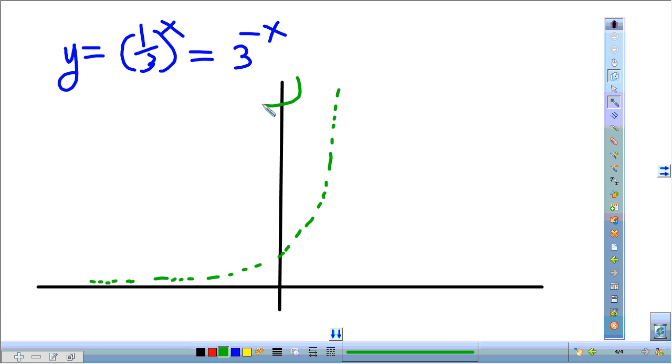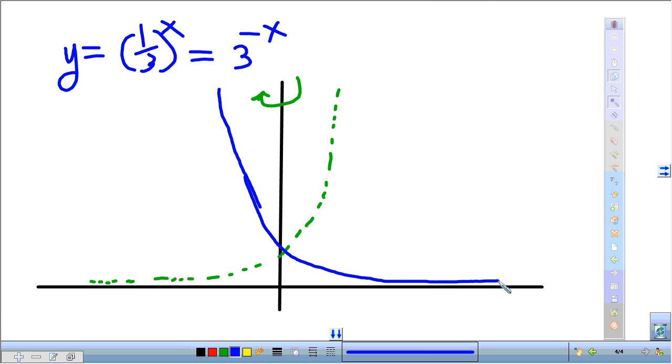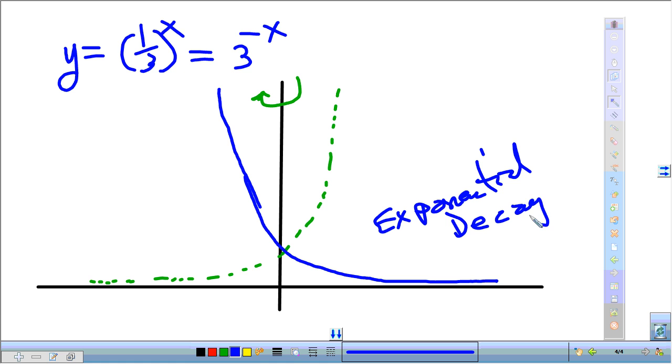So if we take the graph of exponential growth and revolve it around the y-axis, we have a picture of 1/3 to the x power. So now the base is small instead of larger like 3, and we get what's sometimes referred to as decay.